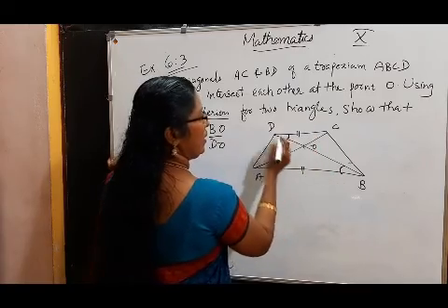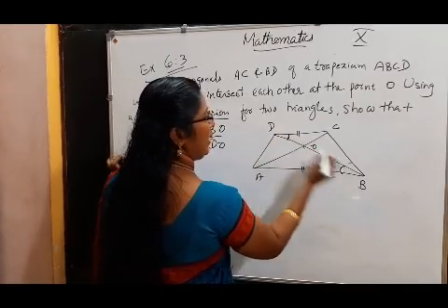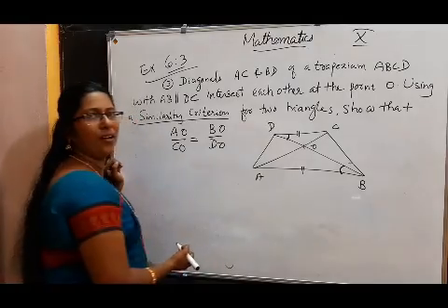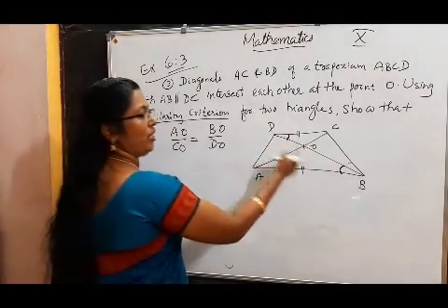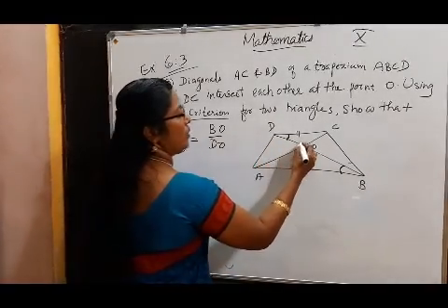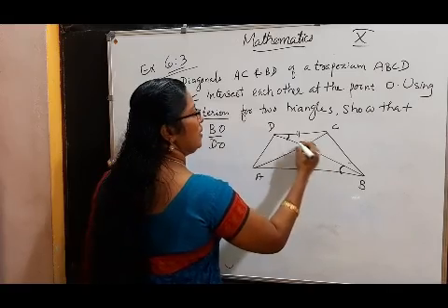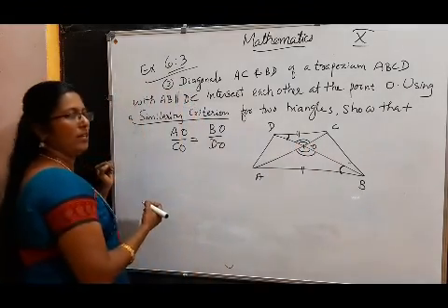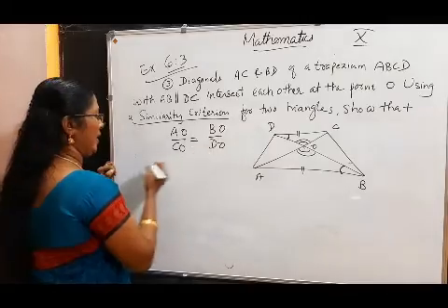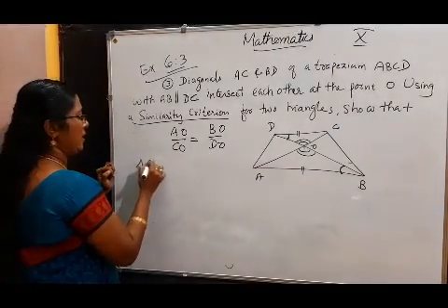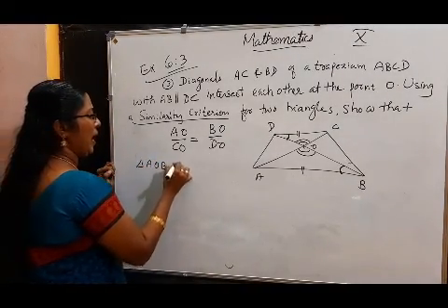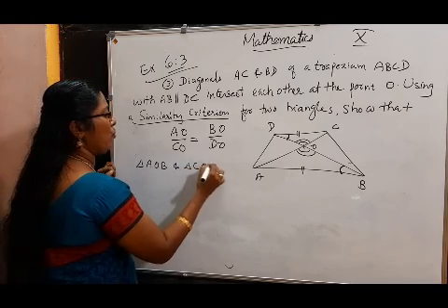Two parallel lines cut by a transversal, alternate interior angles are equal. Yes, alternate angles are equal. Then what about these two angles? Yes, vertically opposite angles. So we can take triangle AOB and triangle COD.